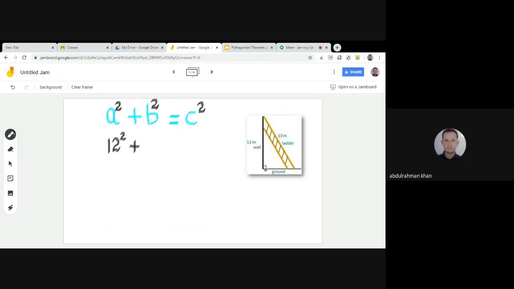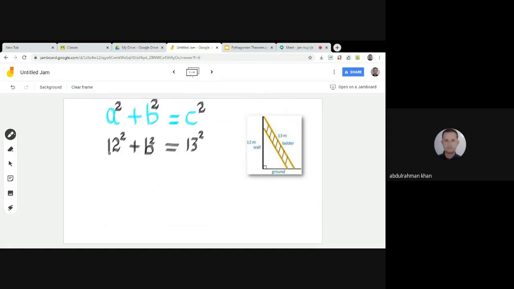For b square, we have to find the ground, so it is the unknown variable. I can say it is b square as it is. And the third one, the hypotenuse square, is given to us as 13 meters. So in place of c, we will write 13 with power 2.